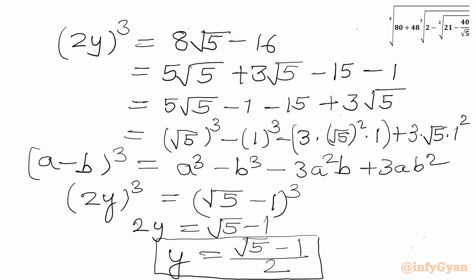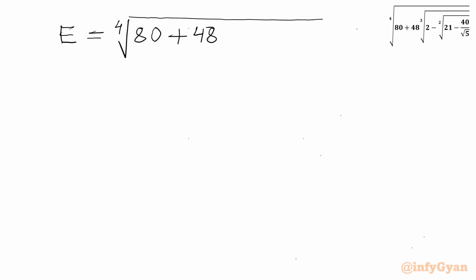Let's apply this value to our expression E. So I can write our expression will become E equal to the 4th root of 80 plus 48 times, I will write, (square root 5 minus 1) over 2. This is the value of y.